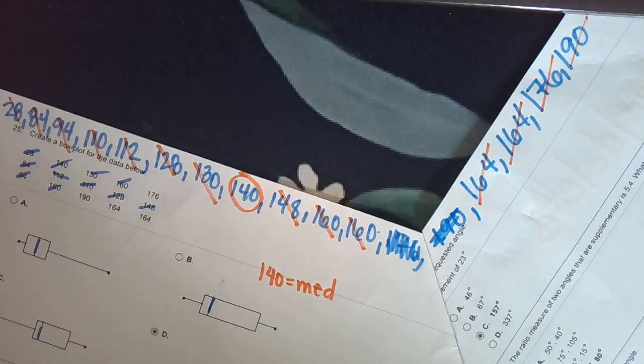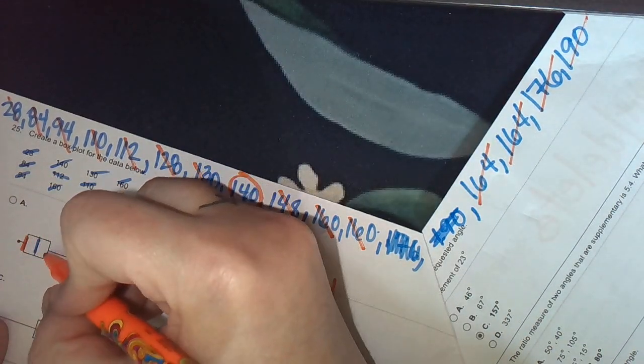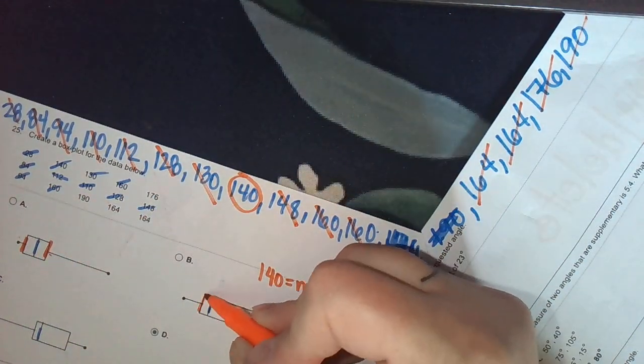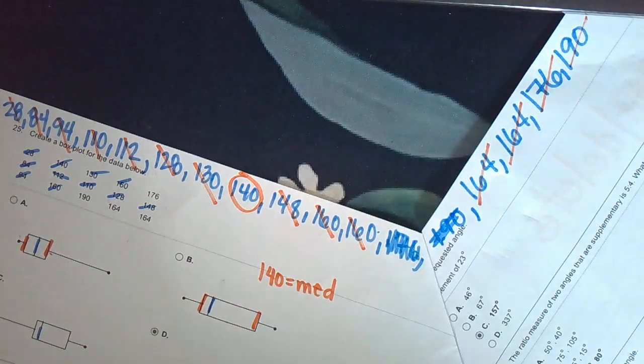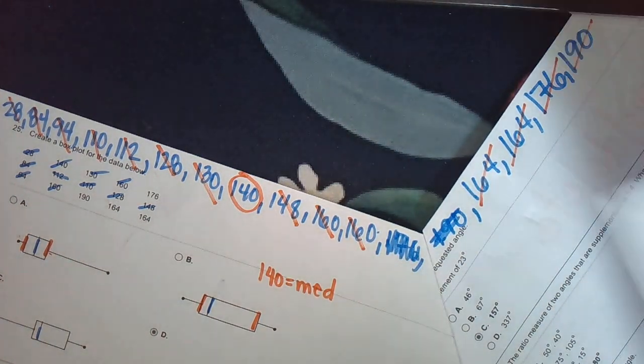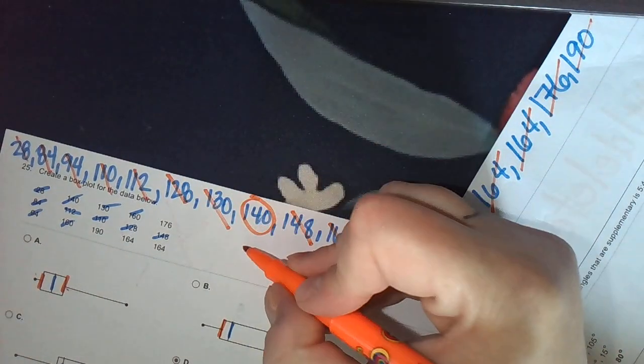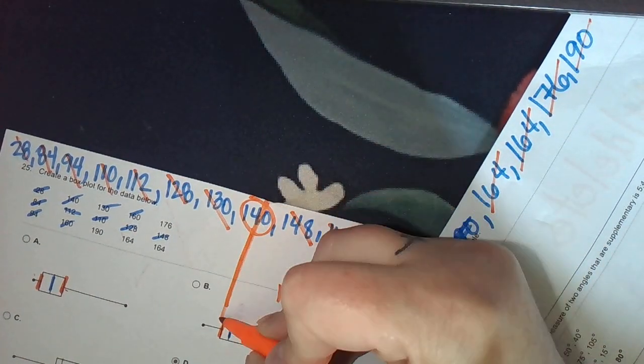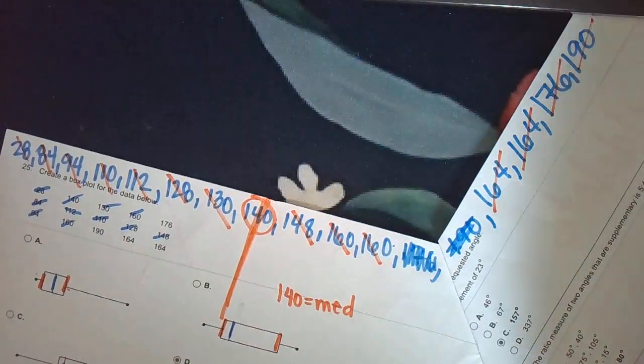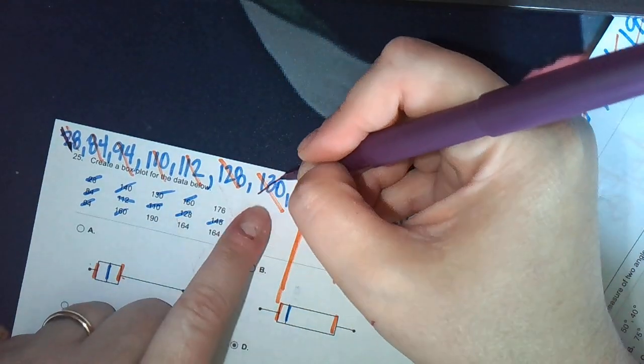Okay, now we're going to find the left and the right side of the box. Those come from the median of the beginning all the way up to this 140. So, let's start scratching out from the beginning, 28, to this 130.